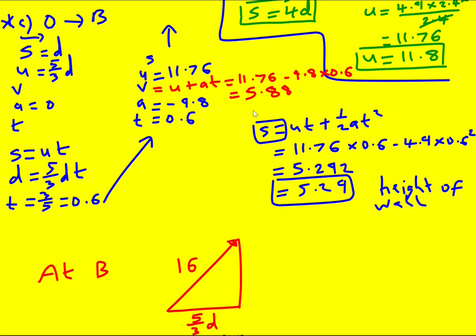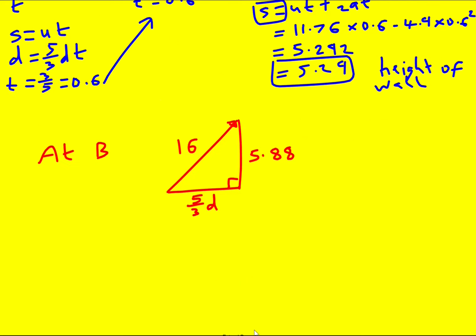So yeah, we have the vertical speed. Given the speed at that point, we've got the horizontal component of the speed already in terms of d. So I just needed to work out the vertical component of the speed at that point, because now I have a right angled triangle and I can use Pythagoras to link the three of these together.